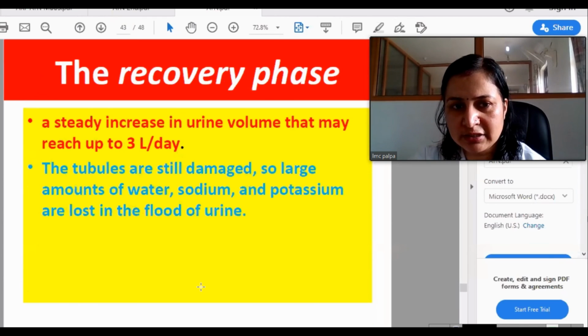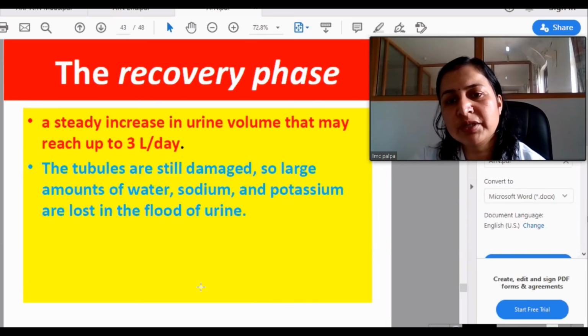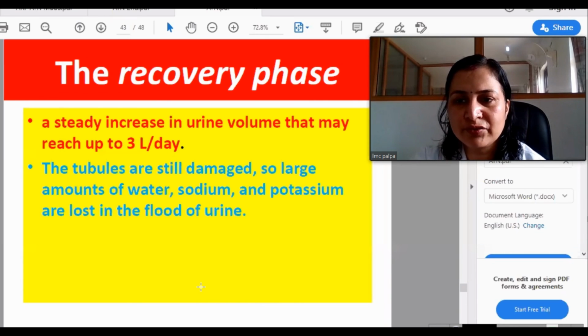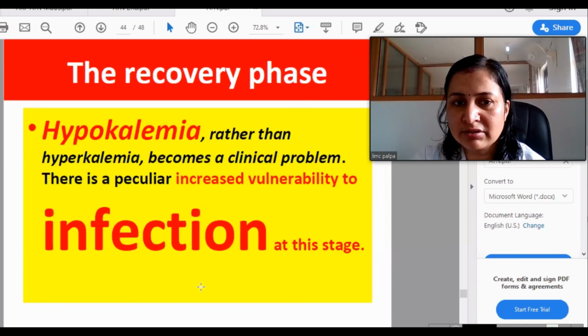Now if the patient recovers, what will happen? The volume will gradually increase up to 3 liters per day. 2.5 to 3 liters is the normal volume. But the tubules are still damaged, so large amounts of sodium, water and potassium are lost in the urine. The electrolytes are getting lost in the urine.